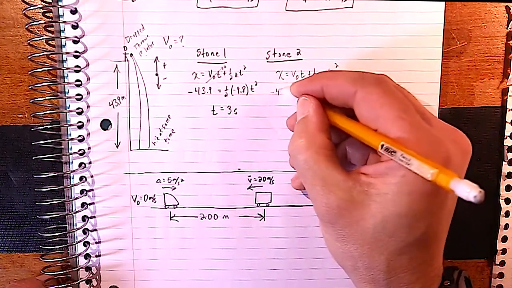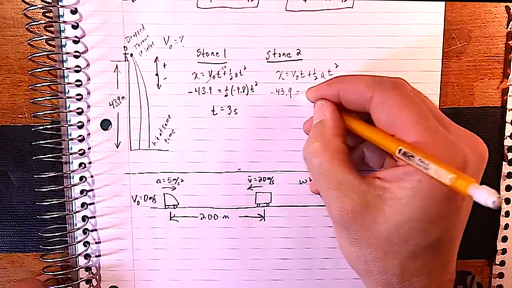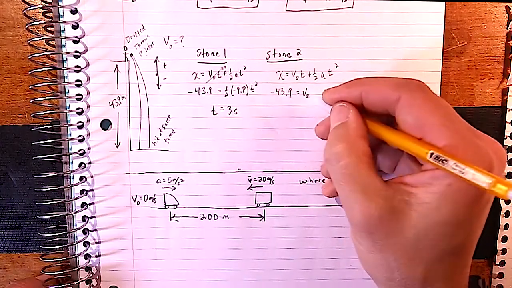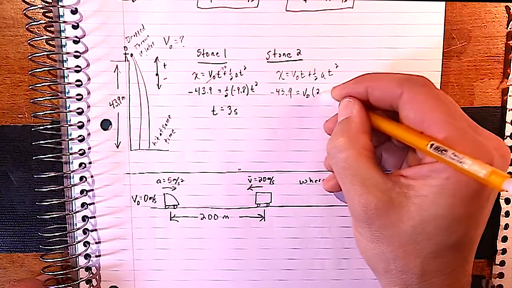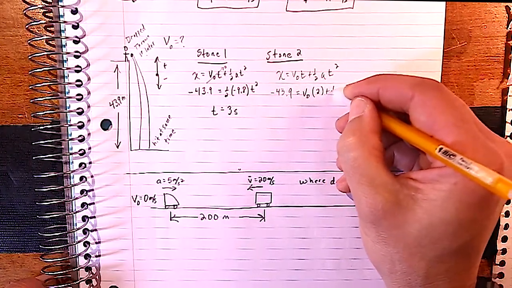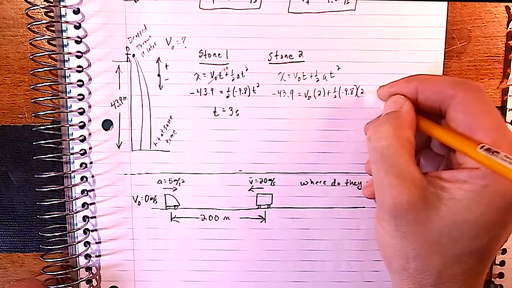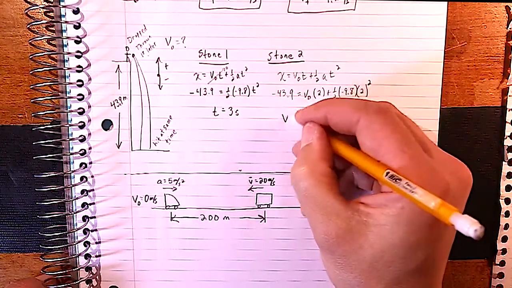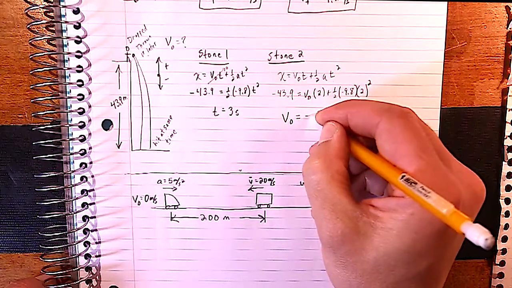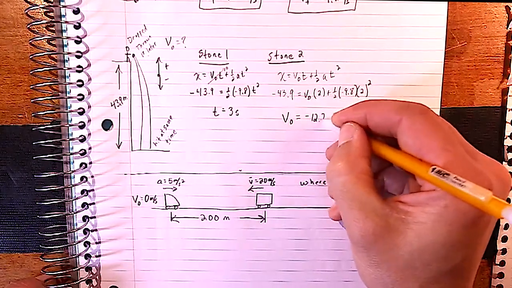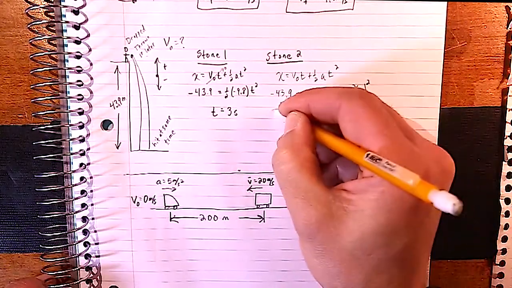So it's minus 43.9 meters equals initial velocity, that's our unknown, times t, which is 2 seconds, plus 1/2 times negative 9.8 times 2 seconds squared. And that comes out to negative 12.2 meters per second.